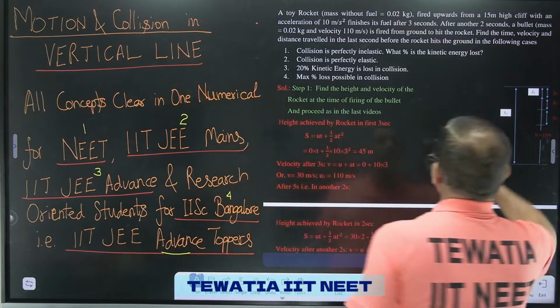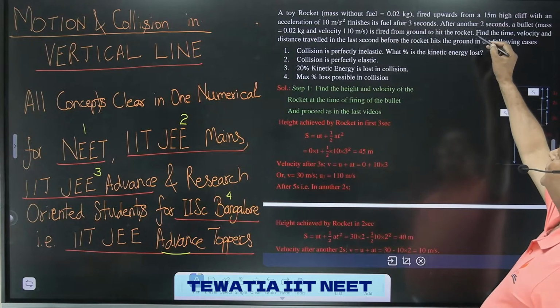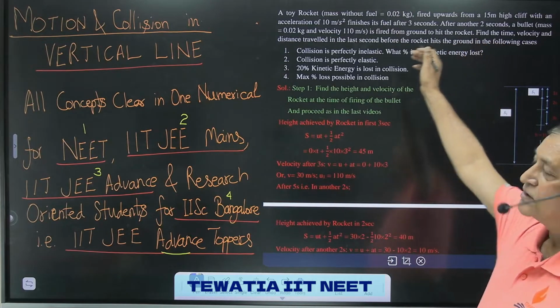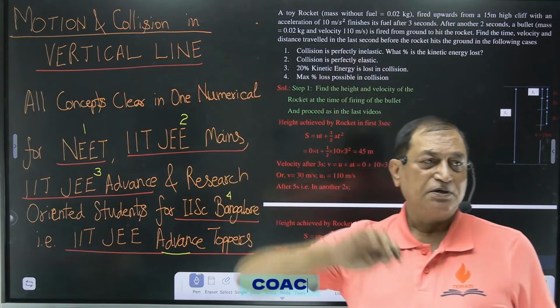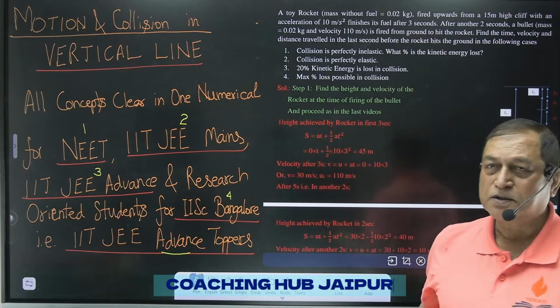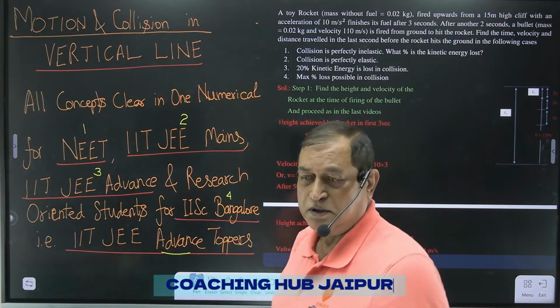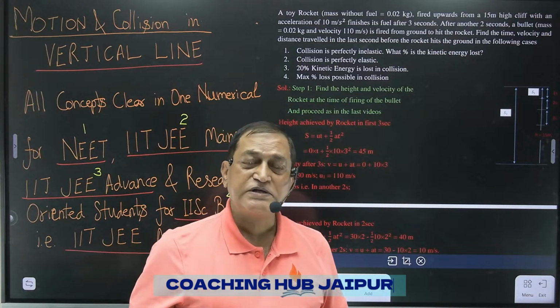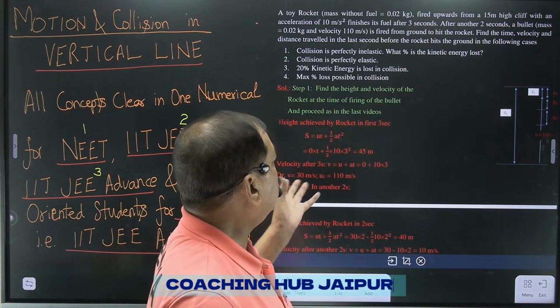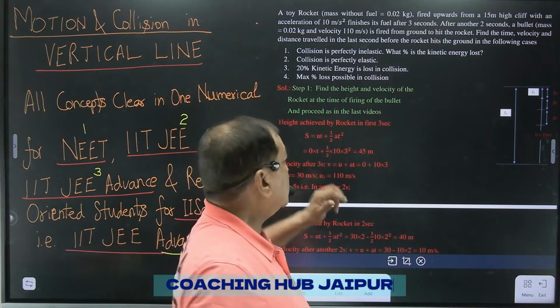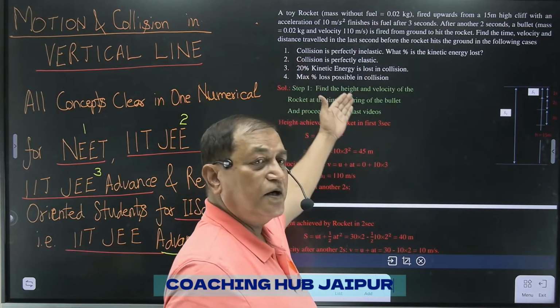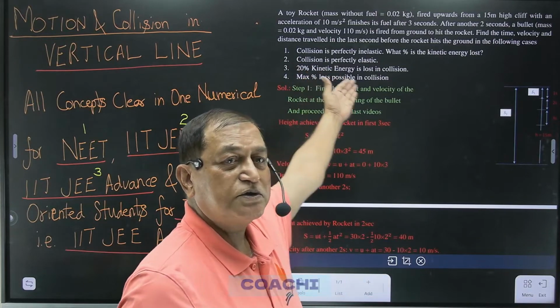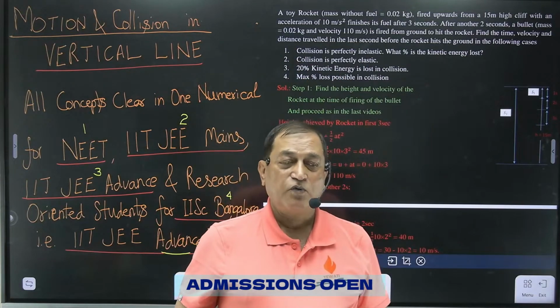Even up to this point, this is a JEE Main question, that the bullet will collide with the rocket, and we have to find their velocity after collision and their time of fall to the ground. But if more things are added, that becomes a question for JEE Advanced.